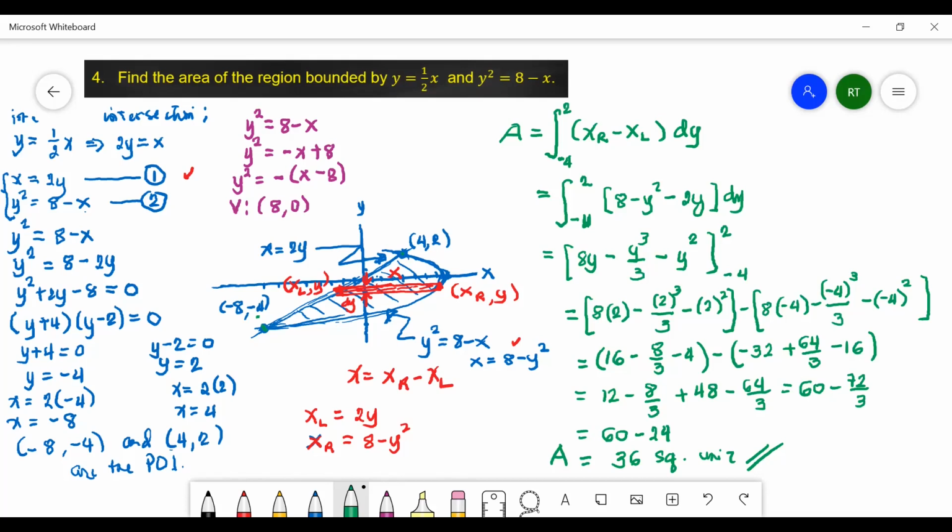Now, in our future lesson, like in finding the centroid of plane area, we will have more examples on how to find the area. So additional examples in finding the area will be considered when we discuss the centroid of plane area.